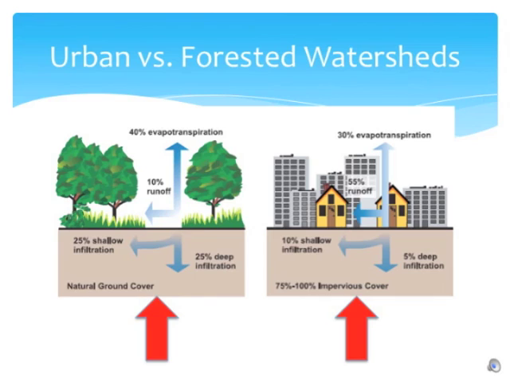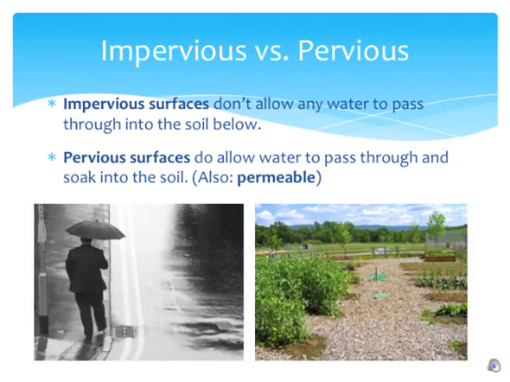So let's review now really quickly the difference between an impervious surface and a pervious surface. Think for a second about what you think those definitions mean. You may also find spaces for them on your lab packet. Impervious surfaces are surfaces that do not allow any water to pass through into the soil below.